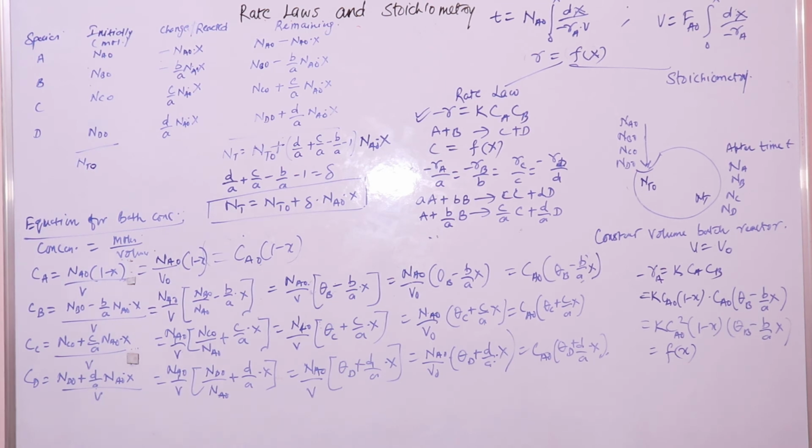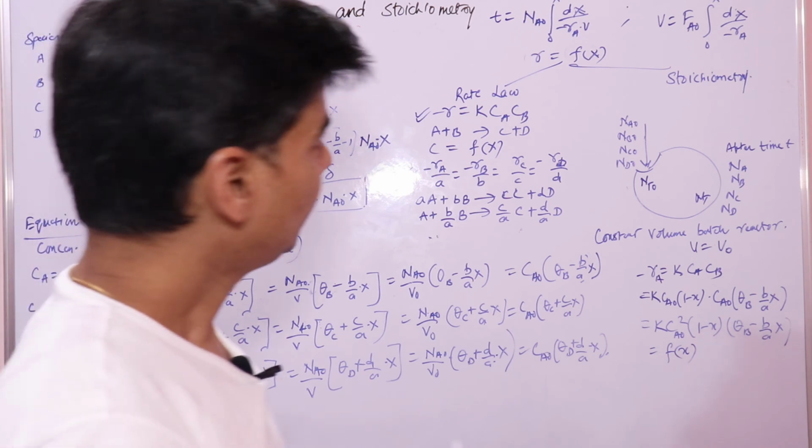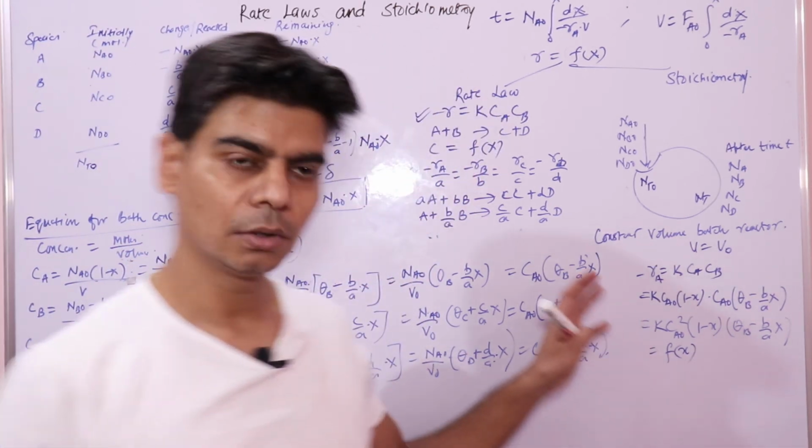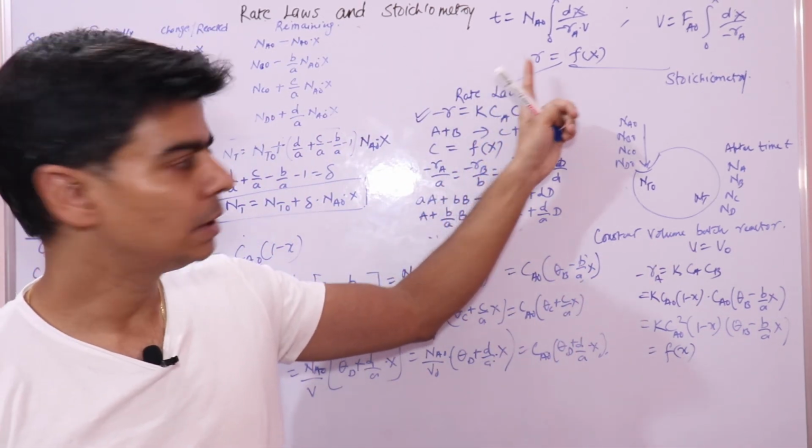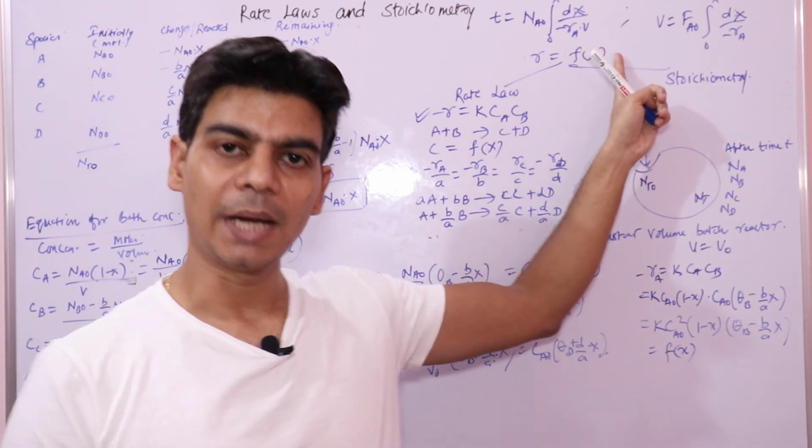Let's just quickly recap what we have done. We have derived the rate of reaction in terms of conversion X for batch reactors.